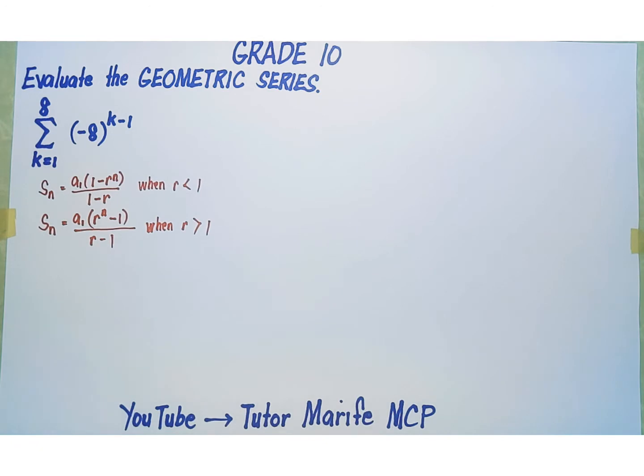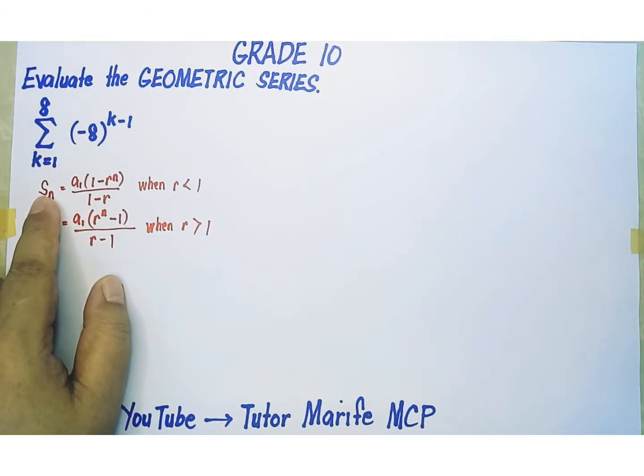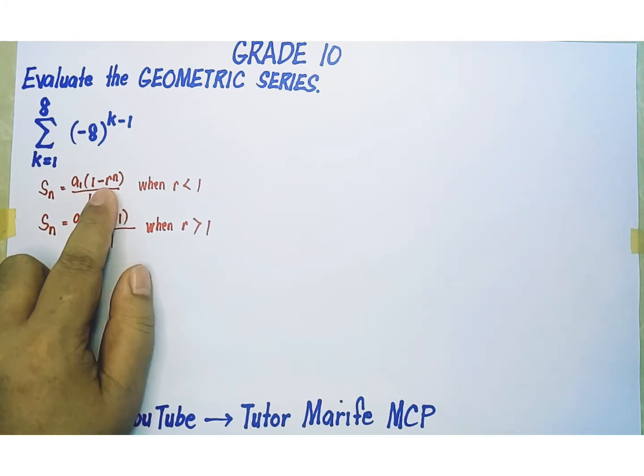Okay? Again, let's define first the meaning of each symbol in the formula. S stands for the finite sum. Itong subscript na n equals the number of terms you're trying to add. A sub 1 is the first term of the geometric sequence. R is the common ratio.